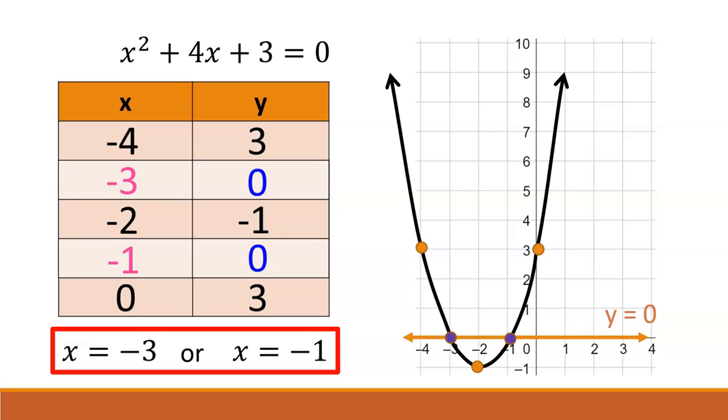But only 2 of those points are also contained in the parabola. Those 2 points, which are the x-intercepts for the parabola, also represent the solutions to our quadratic equation. So if the x-intercepts are negative 3 and negative 1, then we know that the solutions to the quadratic equation are also negative 3 and negative 1.